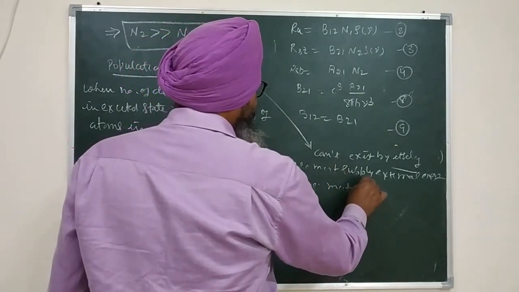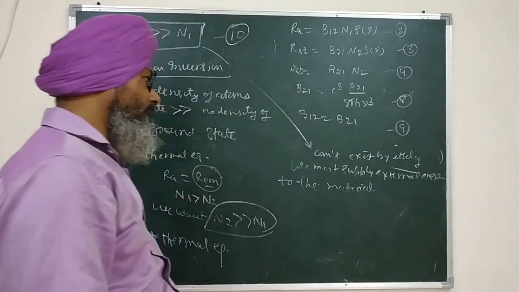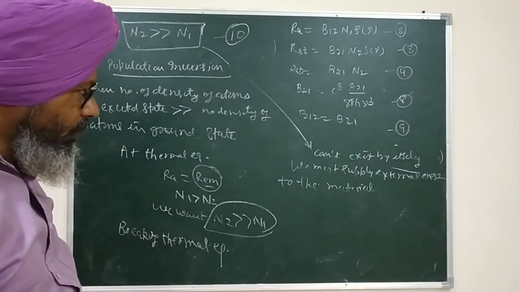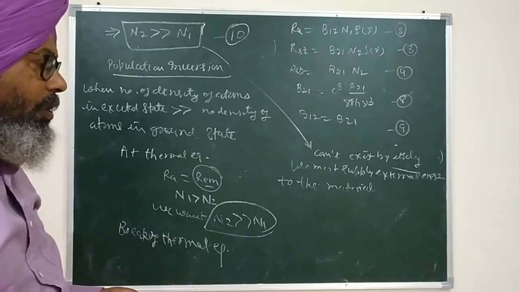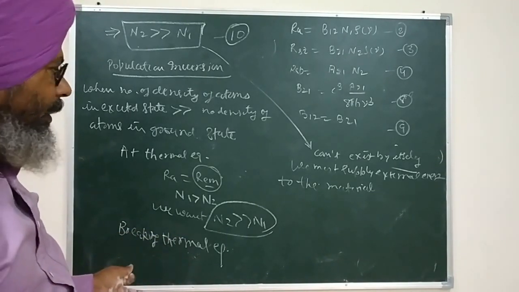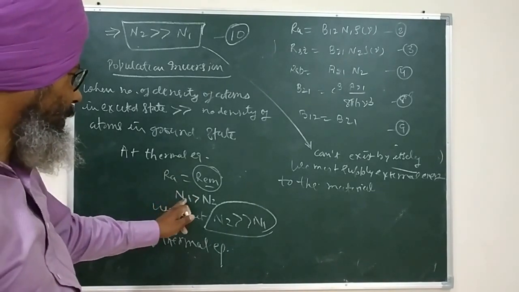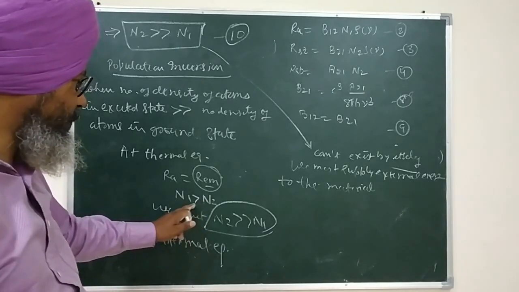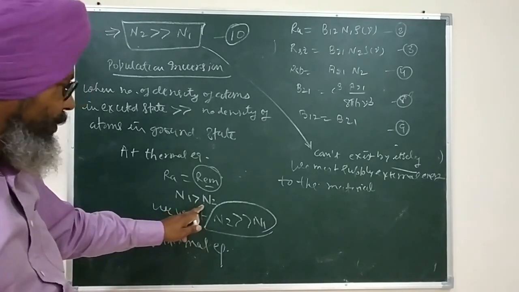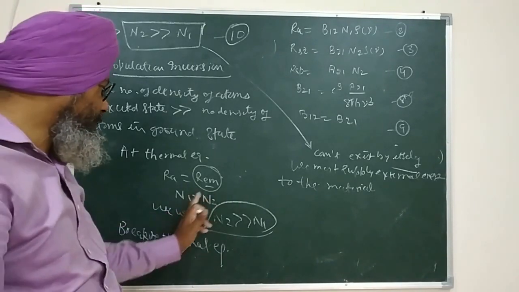What will it do? We have just seen that when we supply energy, the rate of absorption increases and N2 starts increasing. At thermal equilibrium, RA and REM are equal, but still N1 and N2 hold this relation. We want to topple this relation.